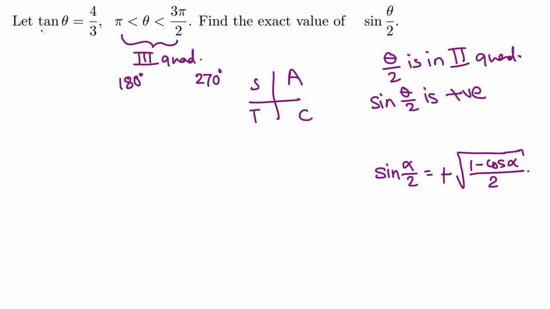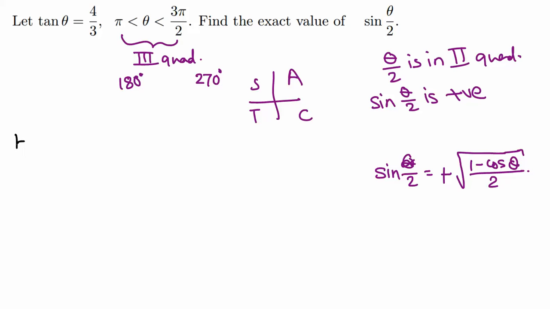So based on this tangent theta, we first find cosine theta. Tangent theta is given, so from this we draw a right triangle and find cosine theta. As soon as we have cosine theta, we use this formula to find sine theta over 2.